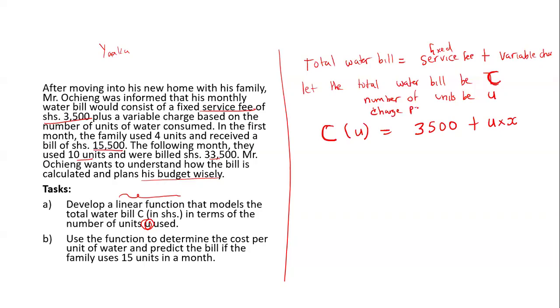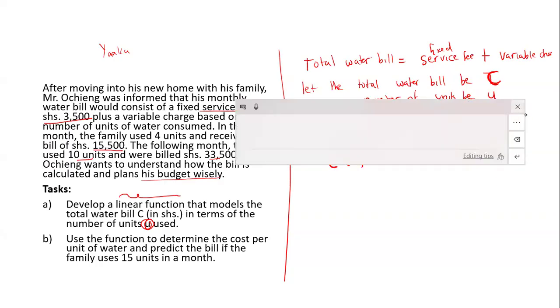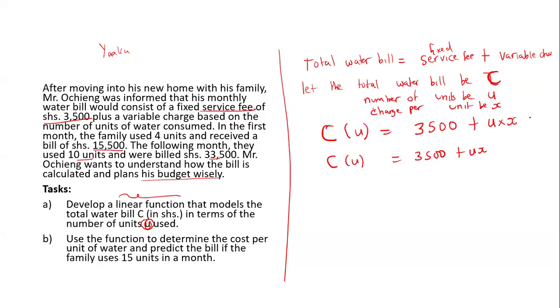So here I will say C of U equals 3500 plus UX. Members, are we still on the same page on that?